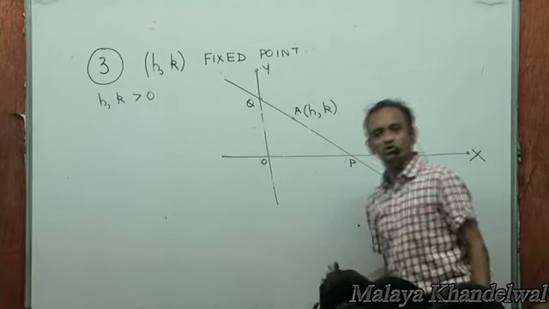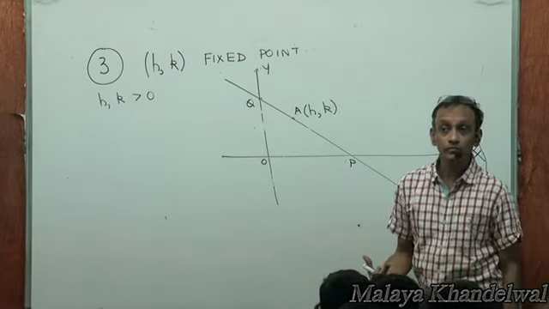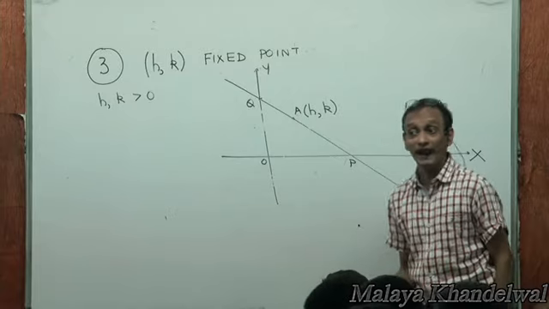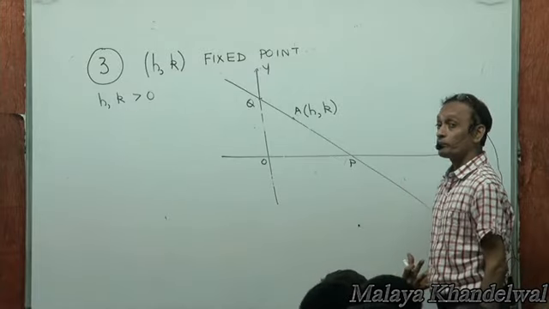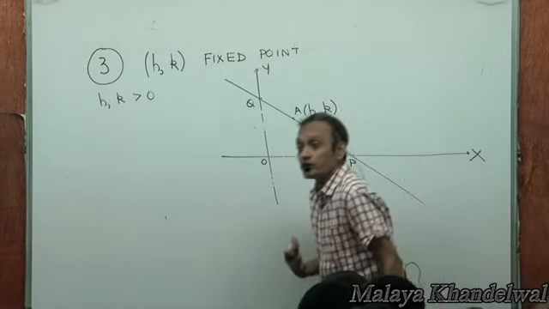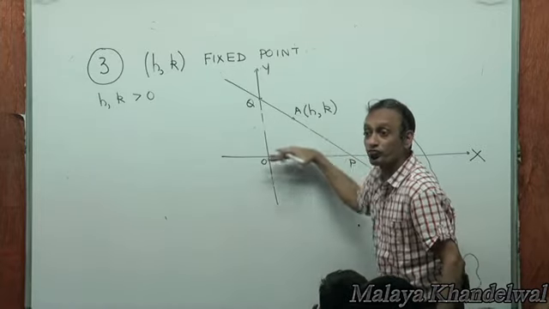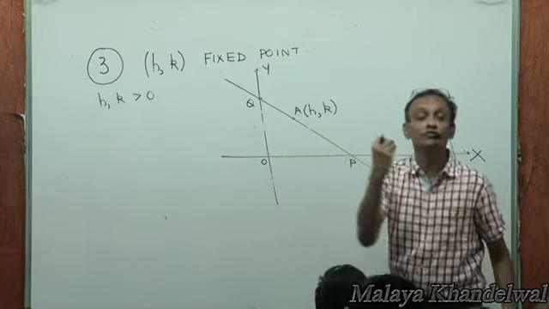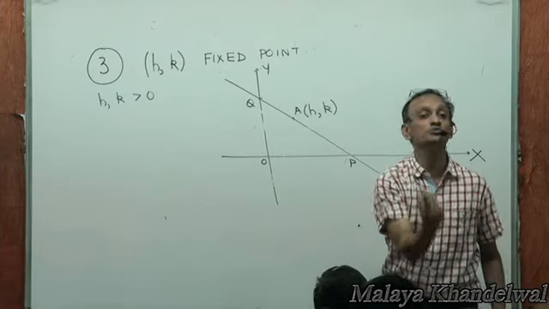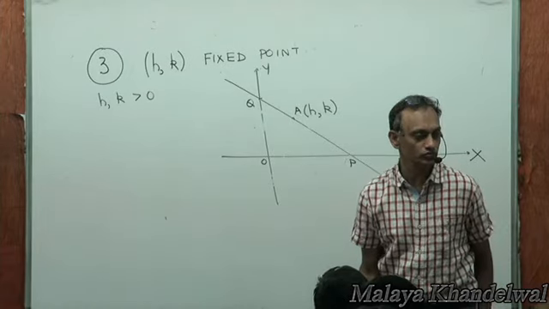Different OPQs will have different areas. Of all the areas generated out of different OPQs, we want to be able to find the smallest possible area produced by various OPQs. You know what I'm saying?